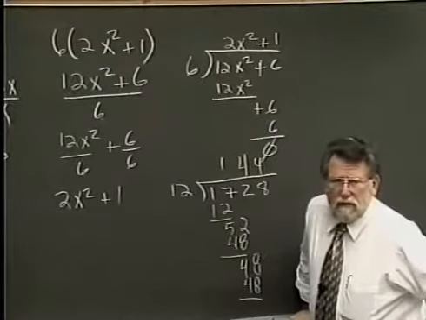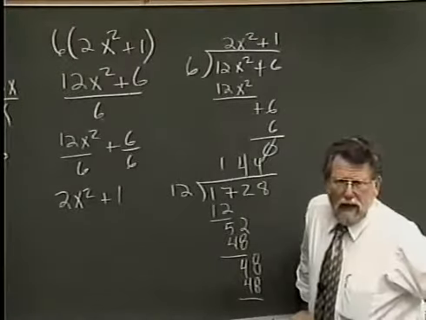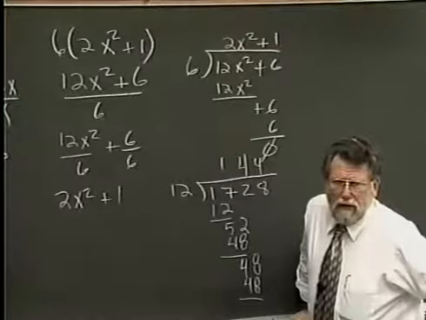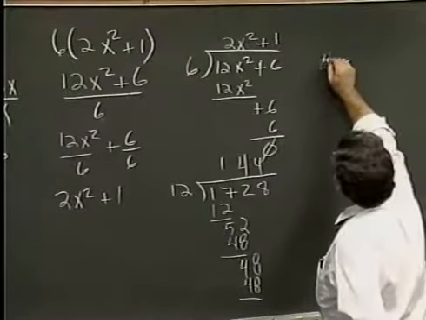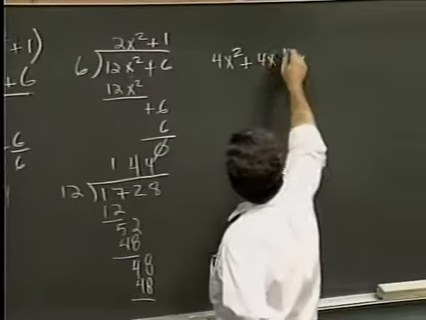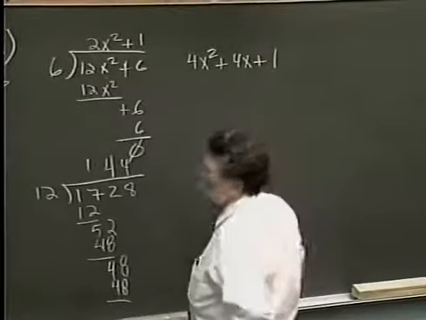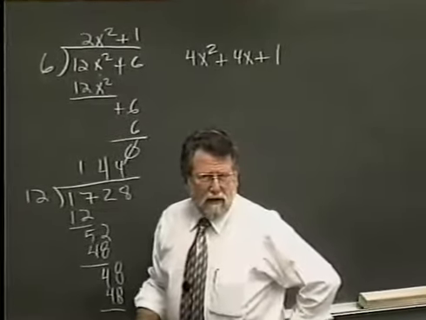Okay, now the question, what happens if we have a little more complicated problem? And what I'm going to do now is fabricate a problem based on a trinomial. Do you recognize that trinomial?